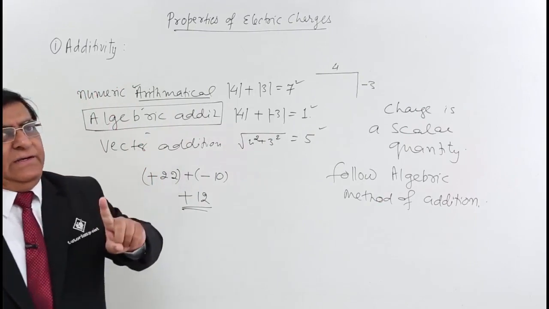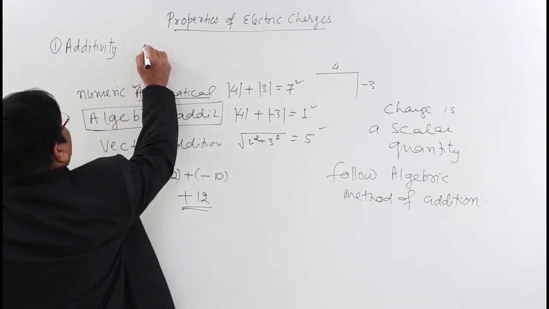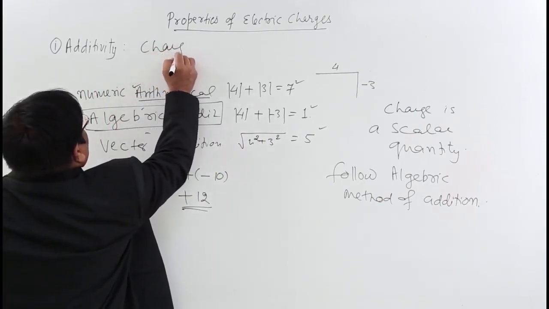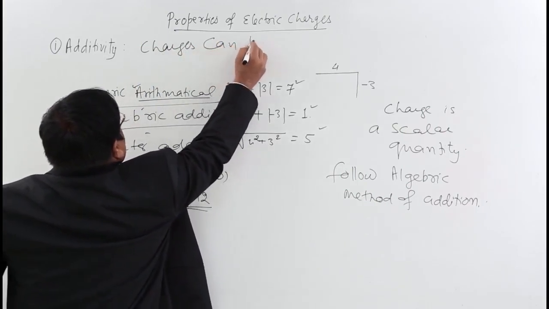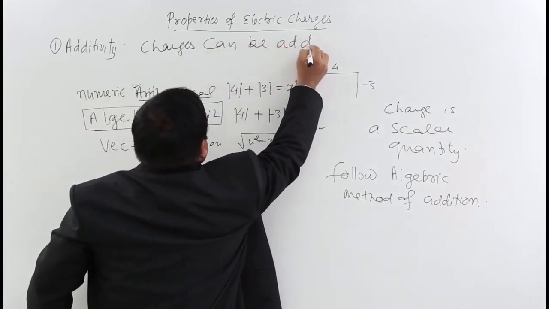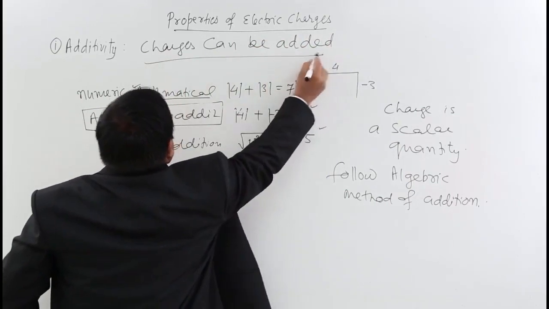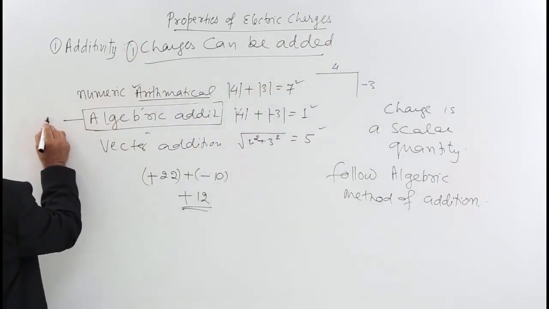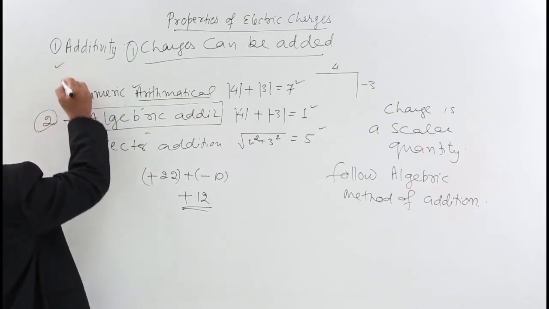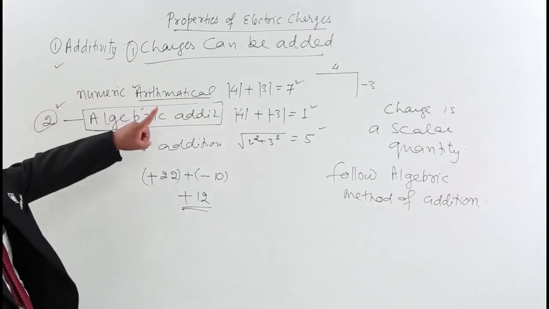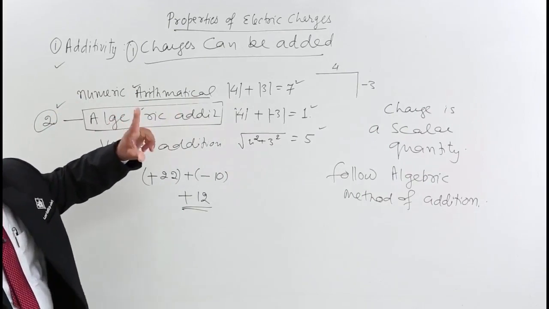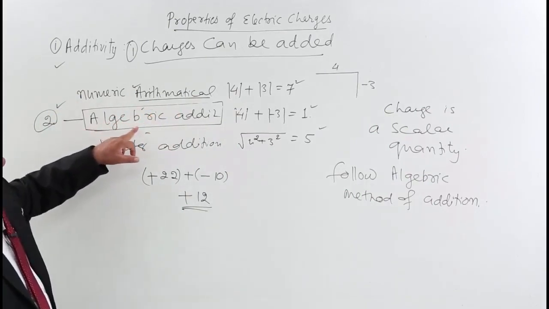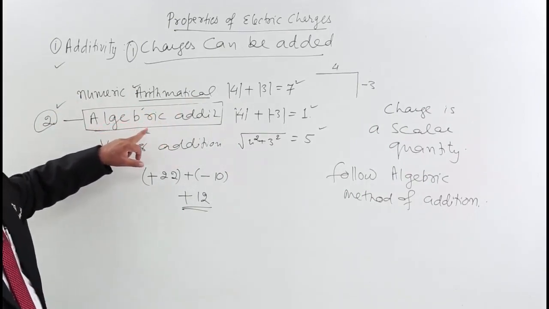That means number one, the charges can be added. Number two, what is the method of addition? Algebraic method of addition. So remember, charges can be added together provided they are on one body, and then they are added by algebraic method.